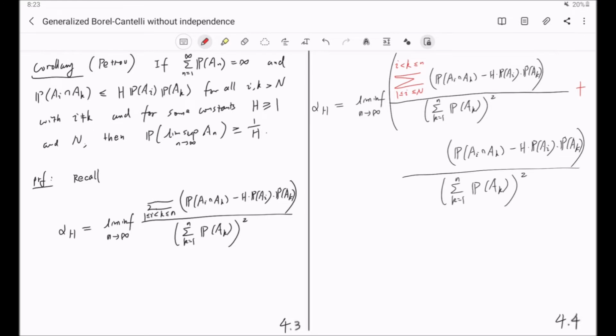For the second sum, we will consider the summation where i is now greater than capital N, less than k, and k is less than or equal to little n. And you can easily see that those two sums really add up to be the original sum.